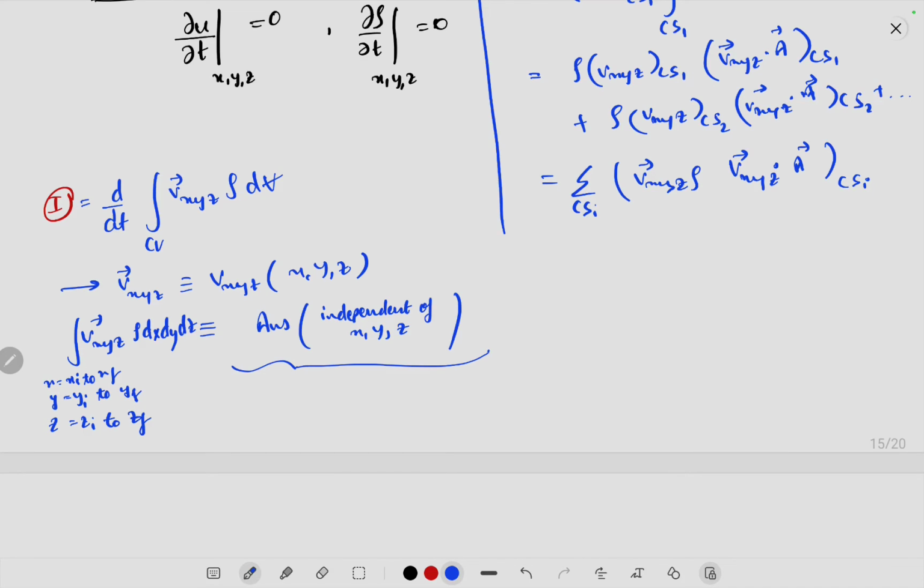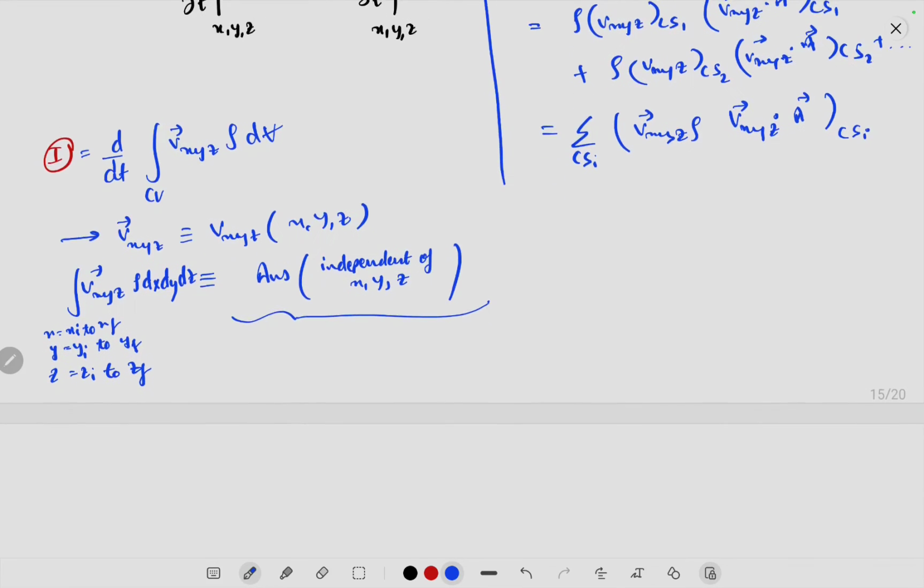Okay, and also since Vxyz is not a function of t, and rho is not a function of t, and this dV also is not a function of t, can I say that this integral over the CV is independent of t?